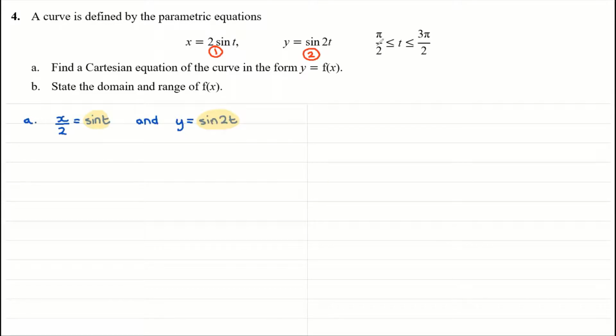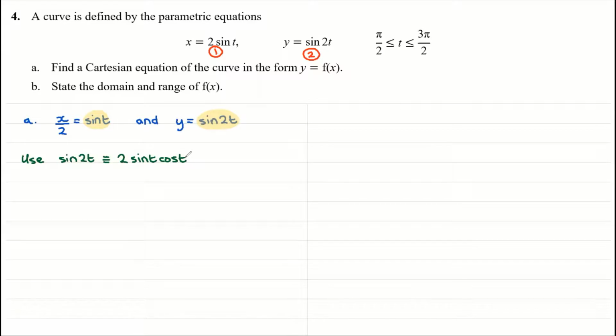Now, we're going to use sine of 2t is identical to 2 sine t cos t, like that. We have to use that. We've got no other choice because we have sine 2t.